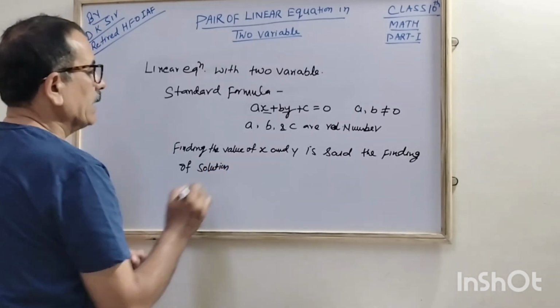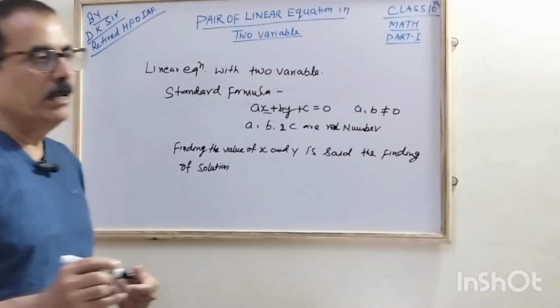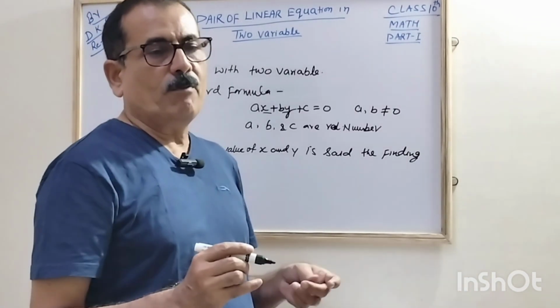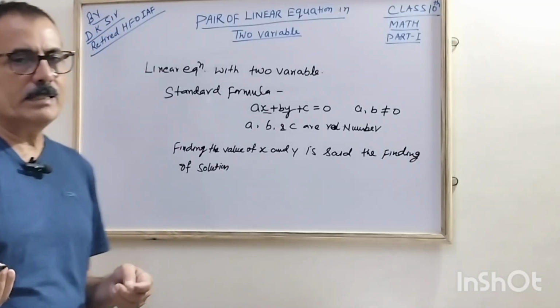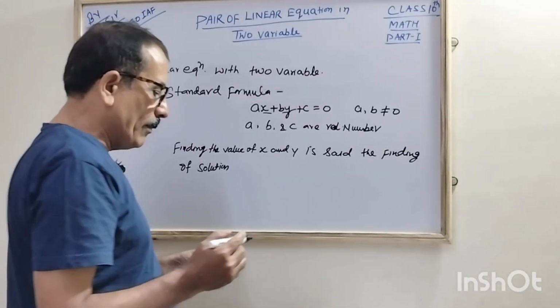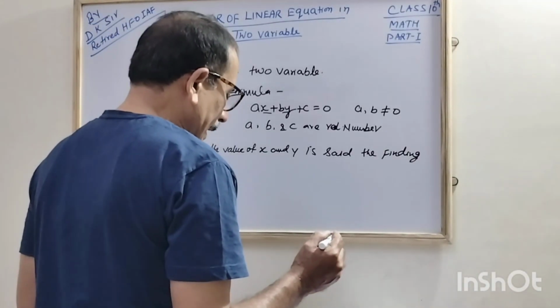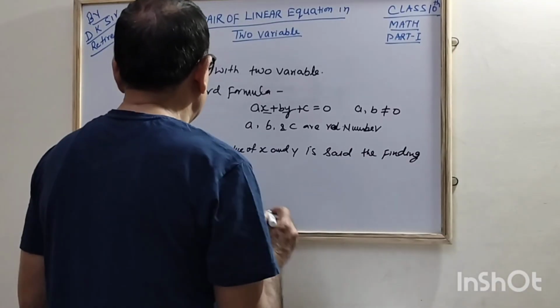So when they ask you to find the value of x or y, or find the solution, you should understand they are interested to know the values of x and y.